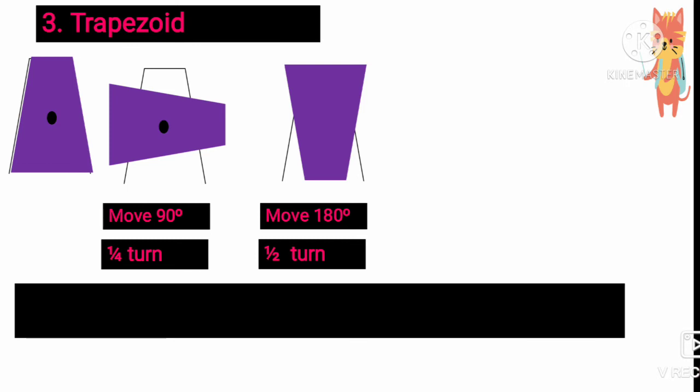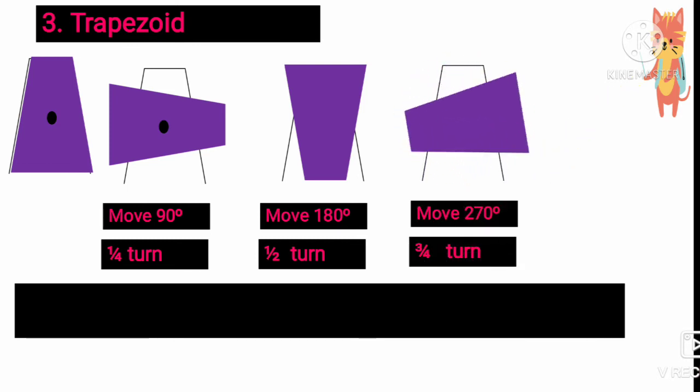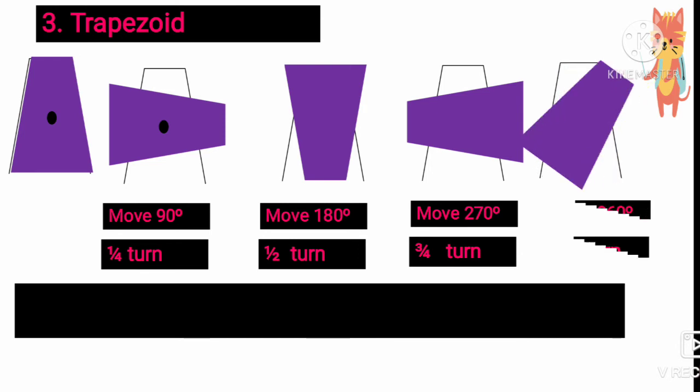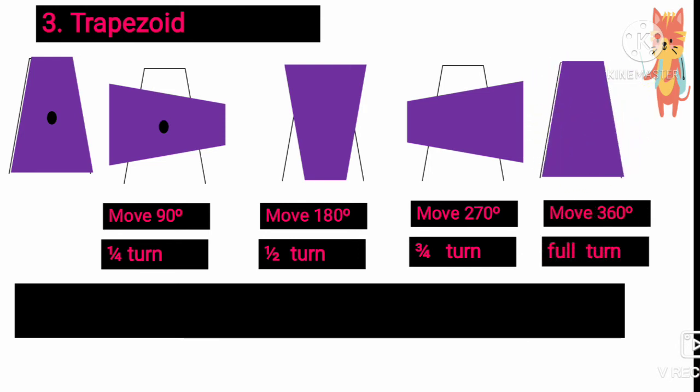Does it fit exactly? Nope. What about now, when it moved 270 degrees? 3 out of 4 turn. Now let's see, it can move 360 degrees. One complete turn, we call it a full turn.